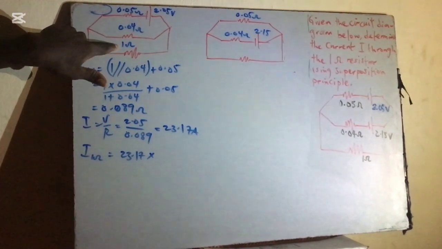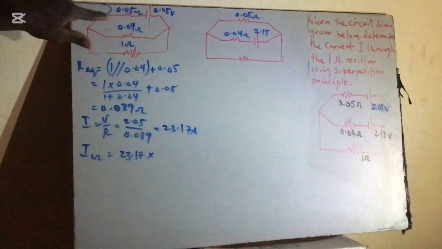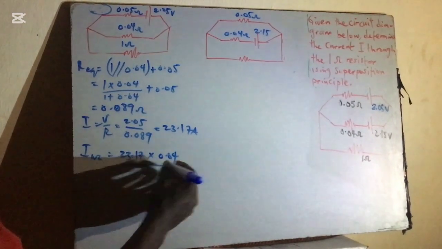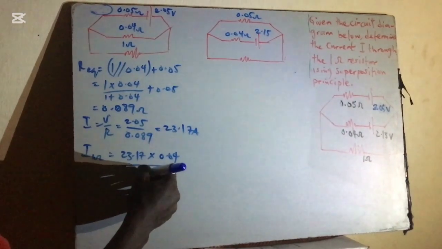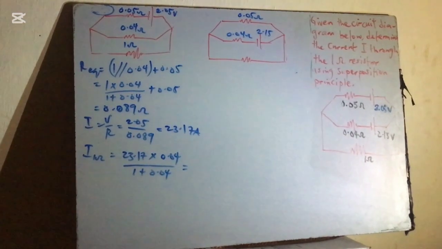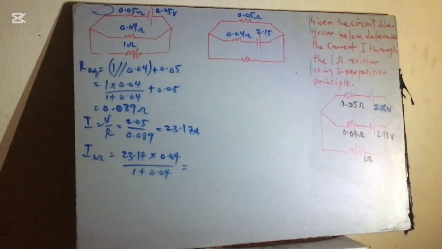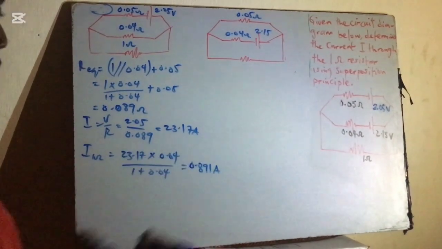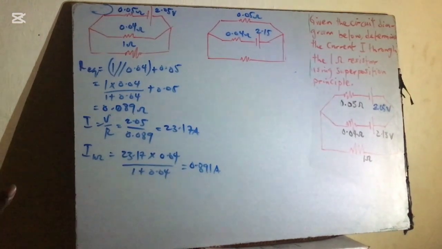We want to find the current in this resistor, so the other resistor, which is 0.04, the other resistor you are using in relation, over the sum of the two resistors, that's 1 plus 0.04. That will give us, if we press on our calculator, 0.891 amps.